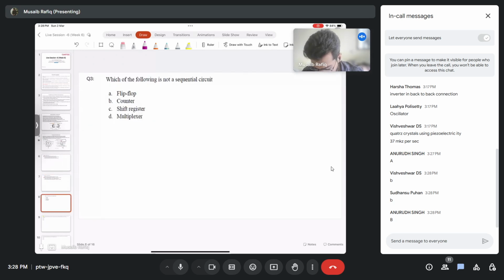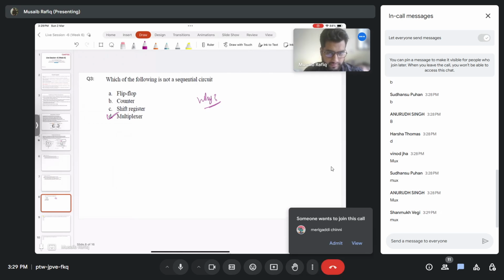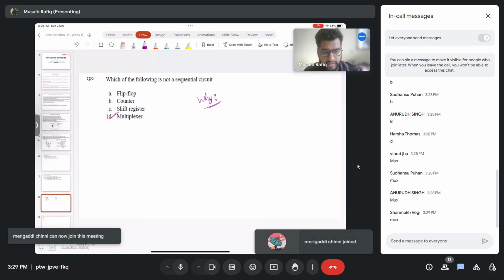Now, question third. Which of the following is not a sequential circuit? Anyone? Yes, D. Why? Any reason why?